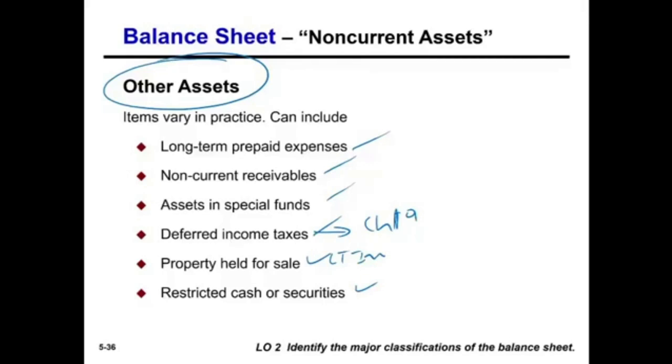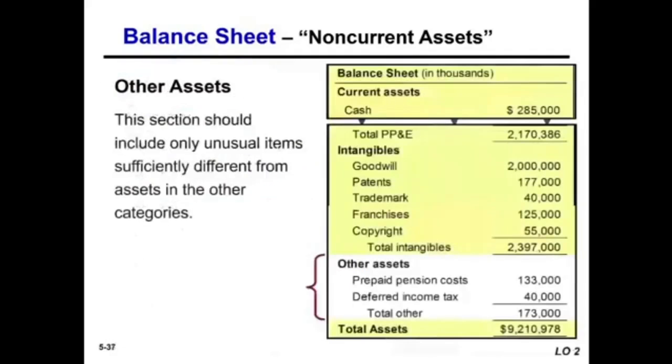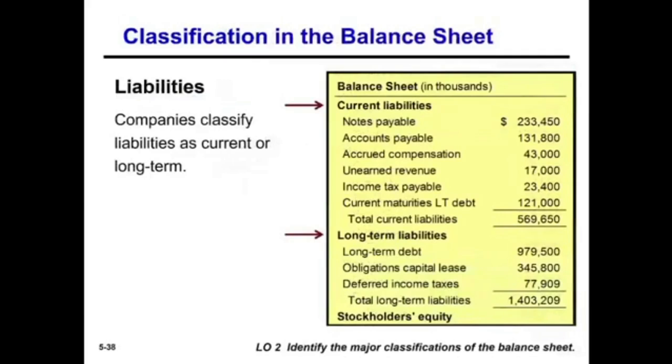For example, long-term prepaid expenses are not current, but they don't fit any other category, so you put them here. This is an example of other assets for this company. They have prepaid pension cost and deferred income tax. These are the assets that don't fit anywhere, so we created a category.